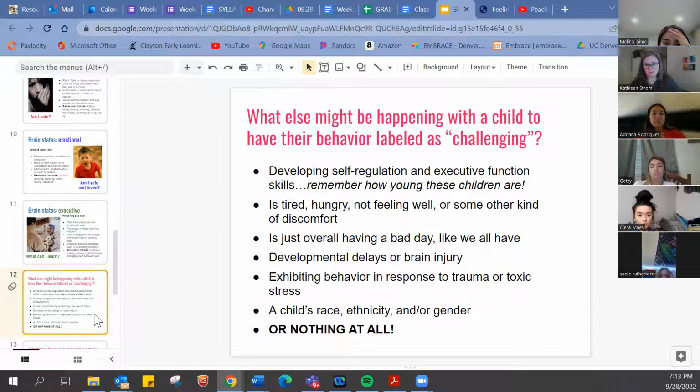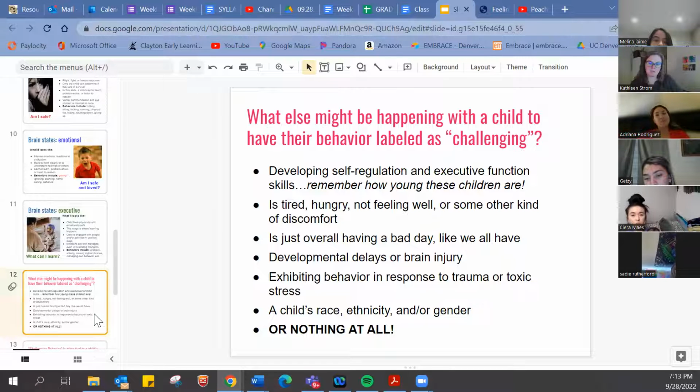You all read an article over the last week about how Black children and Black boys in particular are expelled from preschool at much higher rates than white children. So that has been proven time and time again. You know, it could just be a particular teacher who has particular beliefs about how children should behave.